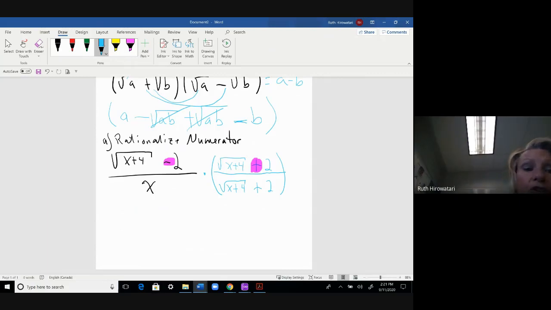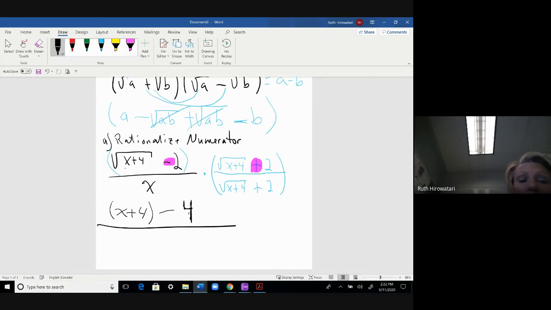When we distribute this through the numerator, root x plus 4 times root x plus 4 just gives you x plus 4. Root x plus 4 times positive 2 and root x plus 4 times negative 2, the middle terms will cancel. You're just going to end up with the first term squared minus the second term squared.